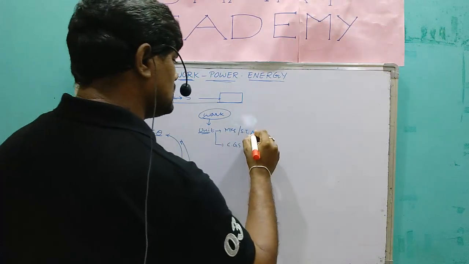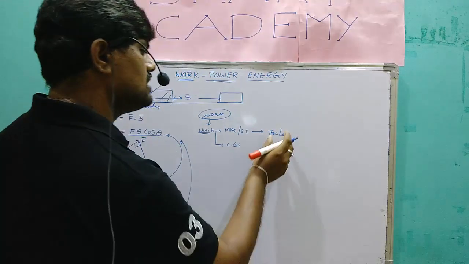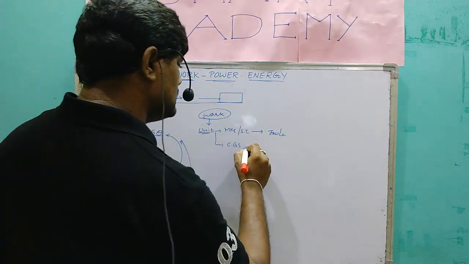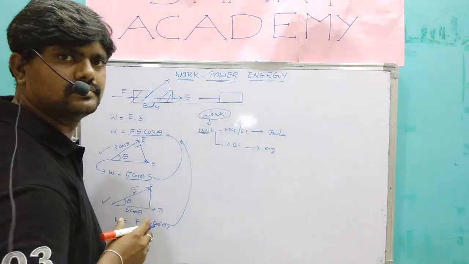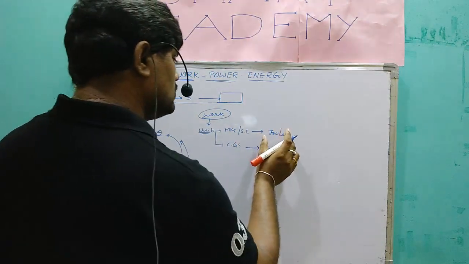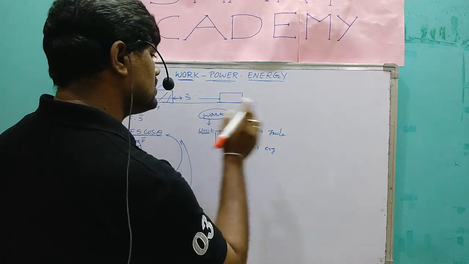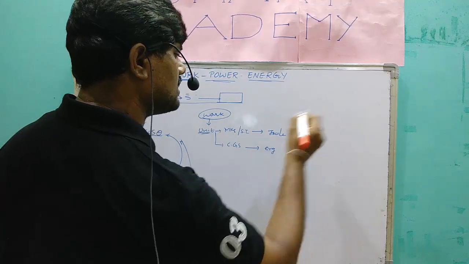So the MKS unit is joule. Joule is the unit of work. Now this joule can be written in terms of newtons, that is newton meter here.